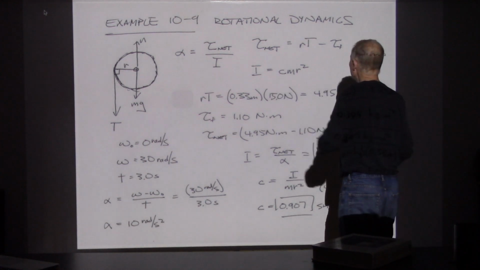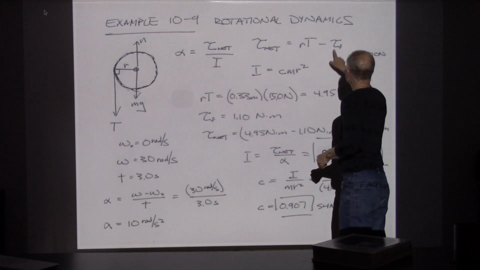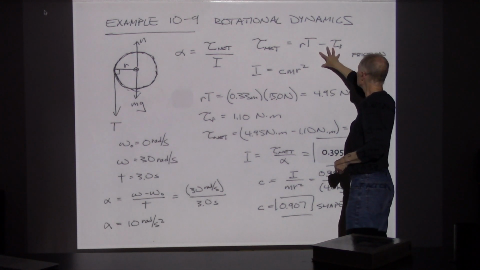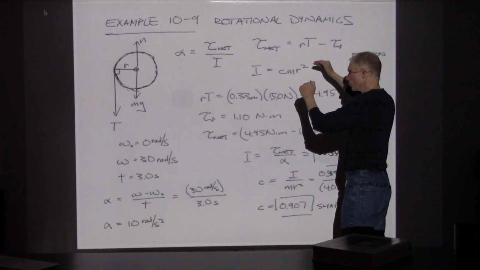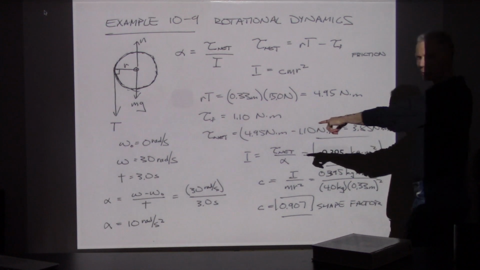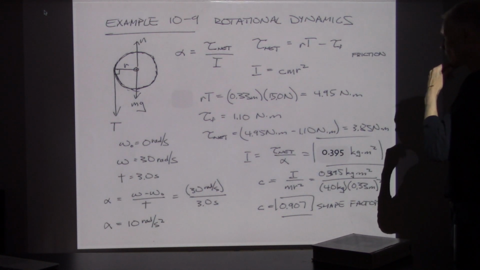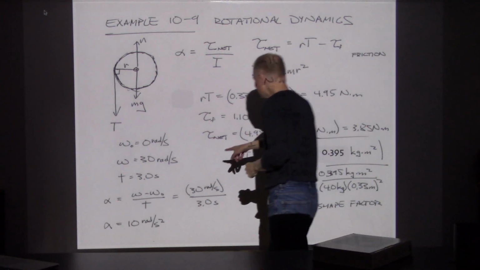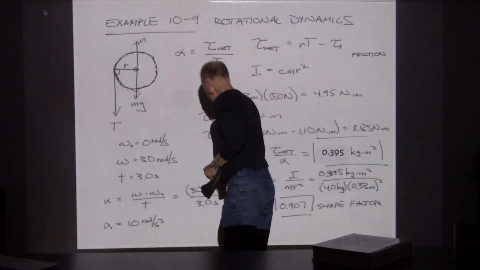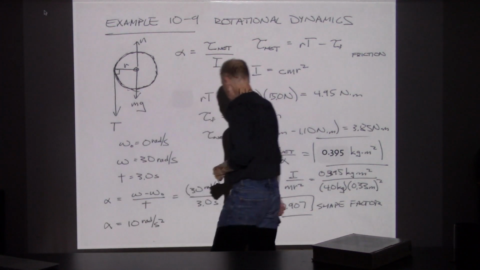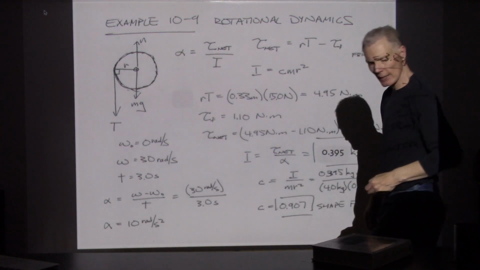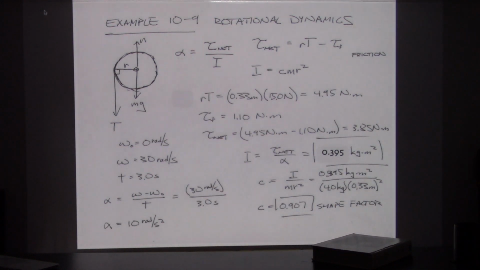Assuming tension is constant, we're pulling on this rope, and assuming the frictional force is constant, then the torques will be constant, and that says the rotational accelerations will also be constant. So I was able to calculate 30 radians per second divided by 3 seconds, which gives 10 radians per second squared as the rotational acceleration.